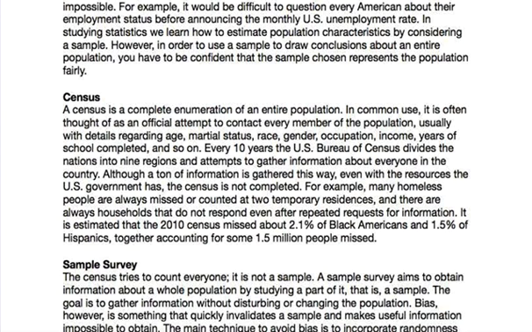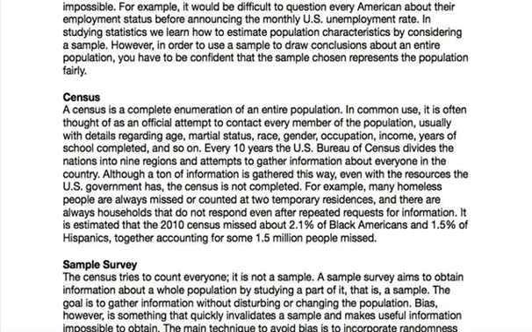So, for example, many homeless people are missed or counted at 2 temporary residences because they may be bouncing around from place to place, and they may coincidentally be in one place one day where a census is being taken, and then at a different location the next day where a census is also being taken.